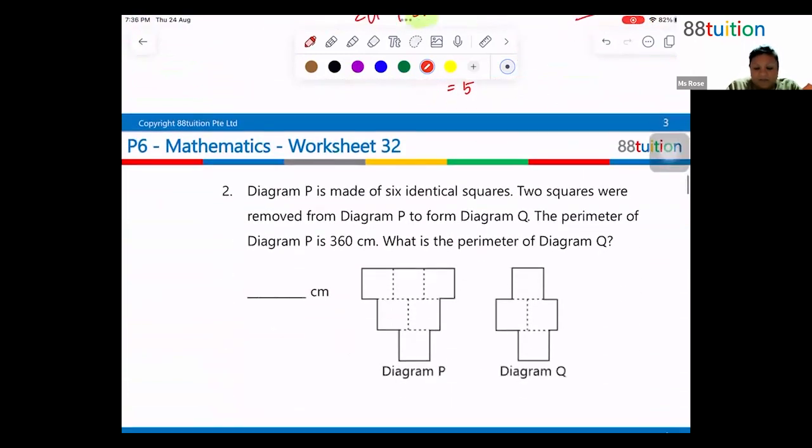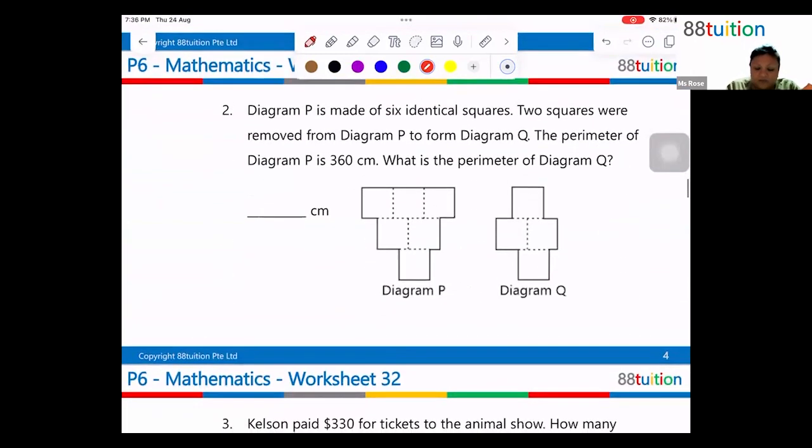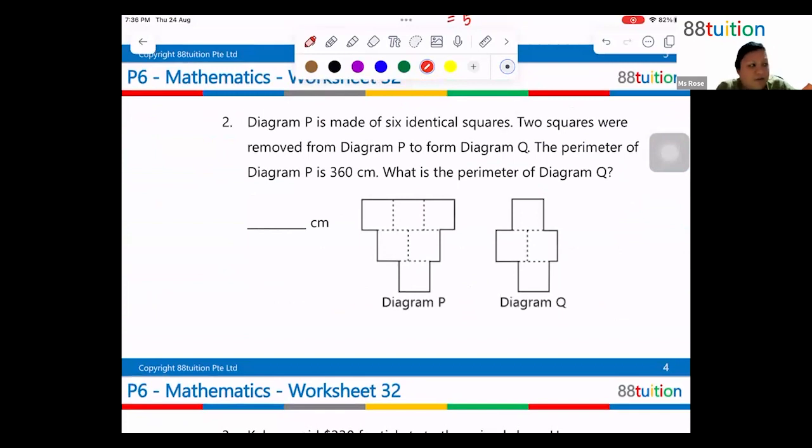Okay, question number 2 is about the diagram. Do you recall in primary 4, when you're given this kind of diagram and you want to find the perimeter, what do you do? Take this line, move it all the way here. Then this line, move it all the way here.